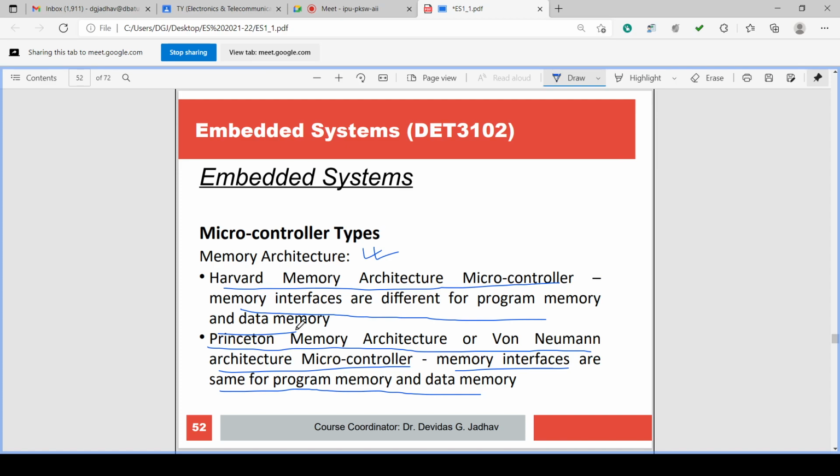So Harvard architecture can fetch the data or the program at the same time; program and data can be simultaneously accessed by the microcontroller. In case of Princeton, because data and program are in the same memory and one interface is commonly used, it can access either the program or the data. So same program and data memory is there in Princeton or von Neumann.